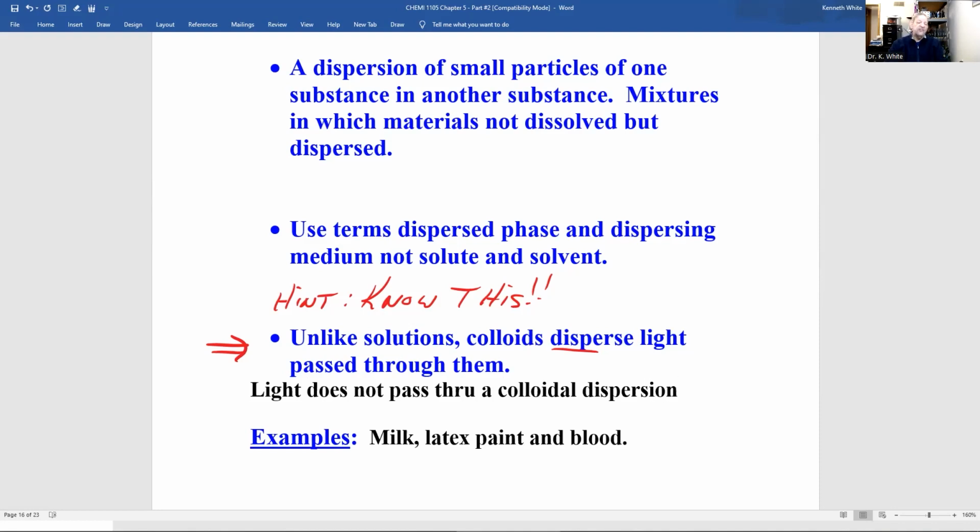Now colloids is short for colloidal dispersion. I shouldn't have used that. But anyways, you should know light does not pass through a colloidal dispersion.